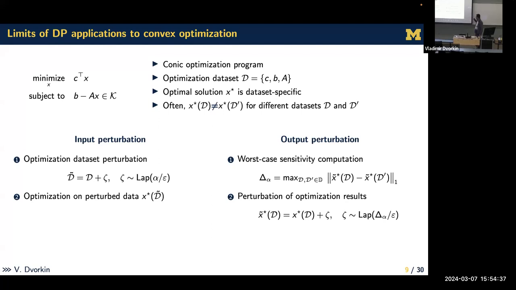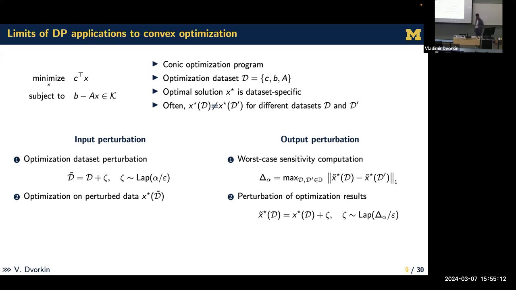We can also go for the output perturbation method, which computes the worst case sensitivity of your optimization problem to adjacent datasets, then computes the optimal solution on the real dataset and applies privacy-preserving noise that is parameterized by the sensitivity of your optimization problem to input datasets. These two approaches satisfy the definition of differential privacy, meaning that you can report the solution to an optimization problem privately.